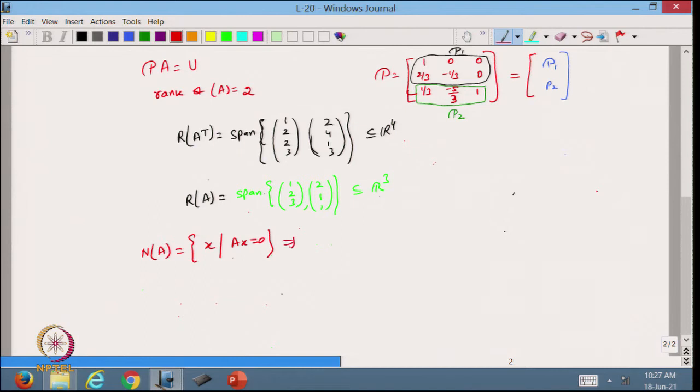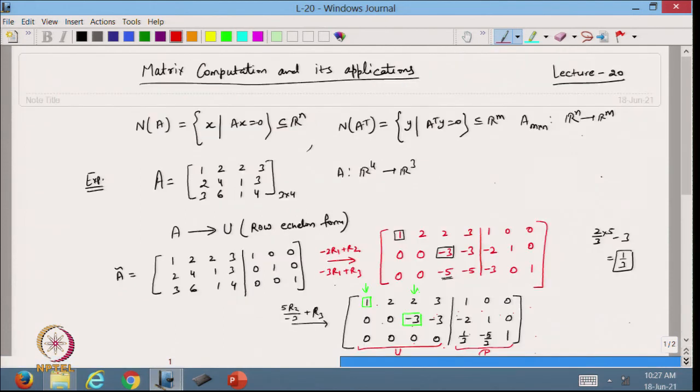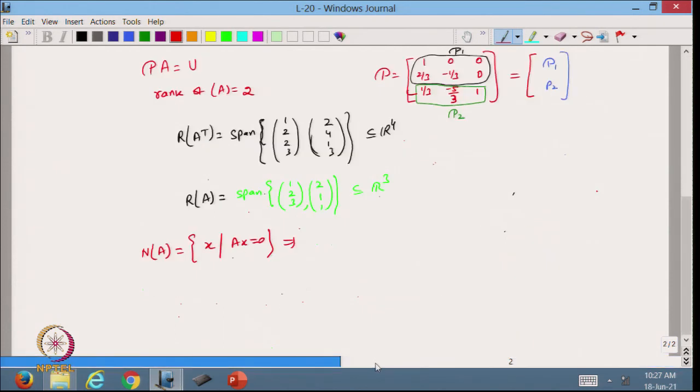So the corresponding system of equations becomes 1, 2, 2. I take x from R4, so let x be x1, x2, x3, x4.